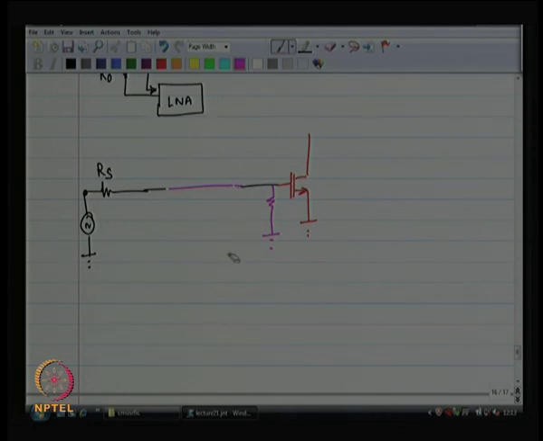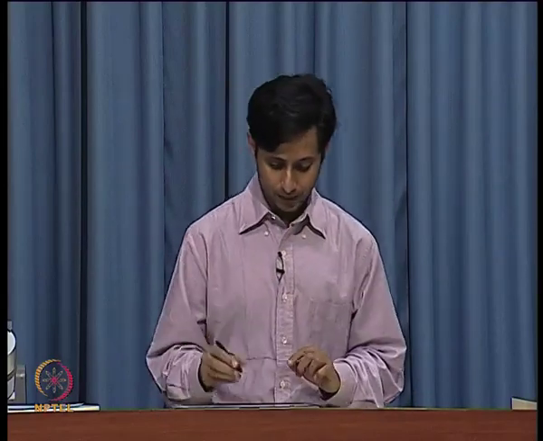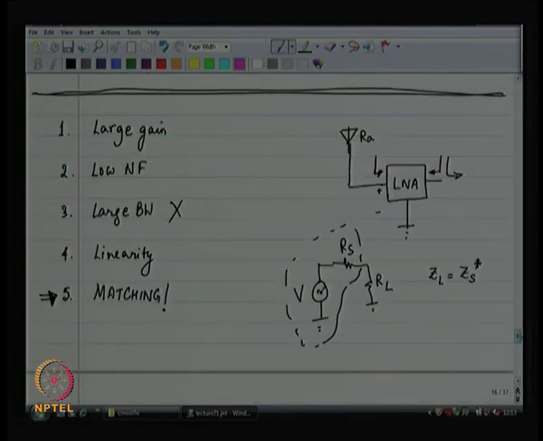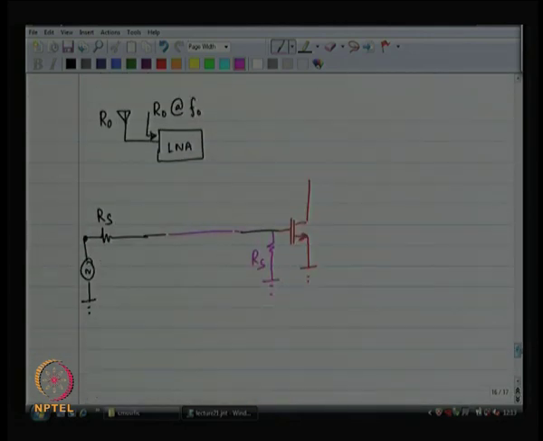So, let us safely ignore the capacitance contributed by the gate of the MOSFET, CGS, CGD, etc. All that has been taken care of by the matching network. So, I have got RS and presumably you are going to put another RS over here and you are going to get beautiful matching, and this should work, right. So, under your list of objectives, let us call this the zeroth cut design.